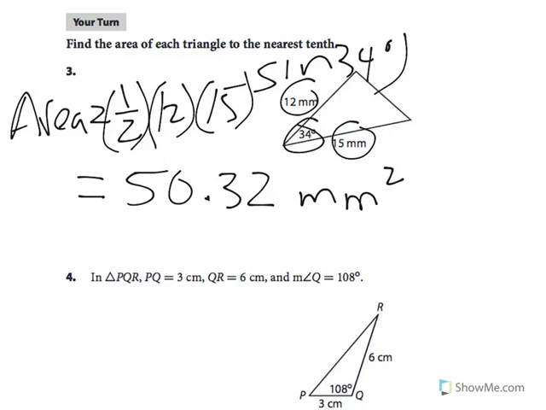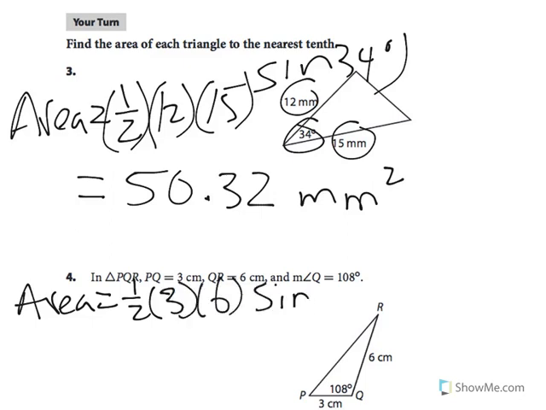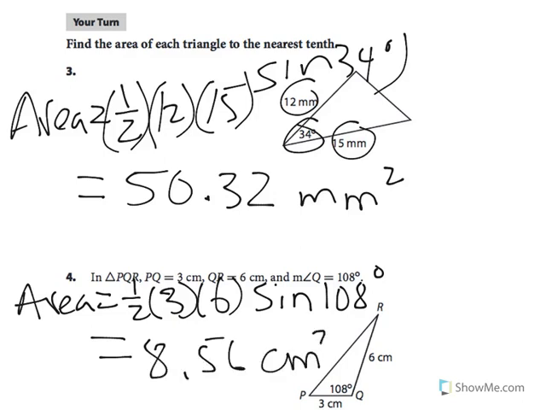Number 4, in triangle PQR, PQ is 3 centimeters, QR is 6 centimeters, and angle Q is 108 degrees. Find the area. Using the formula, it's 1/2 times 3 times 6 times sine of 108 degrees. This gives us 8.56 centimeters squared.